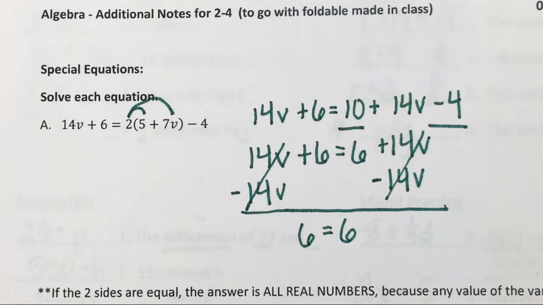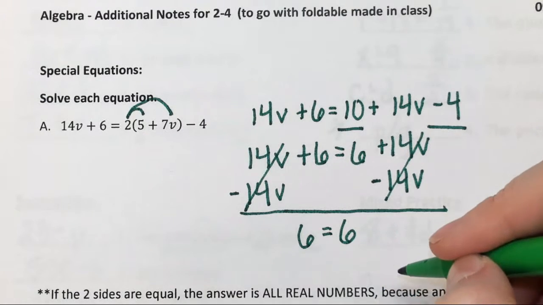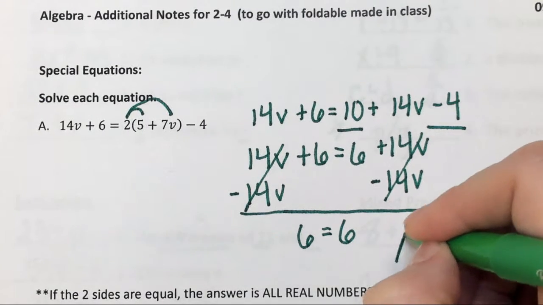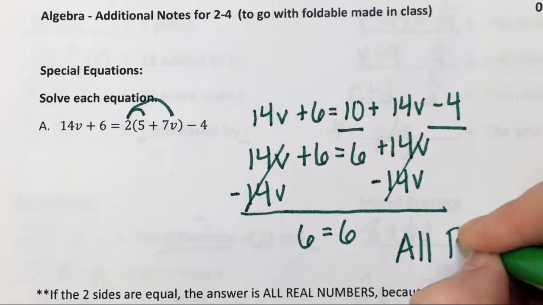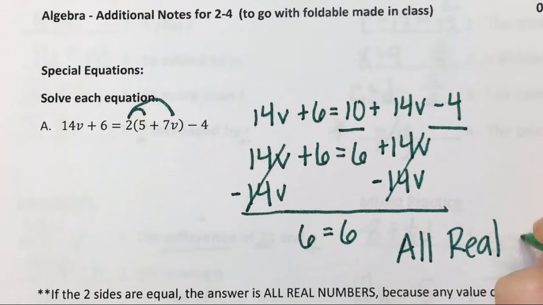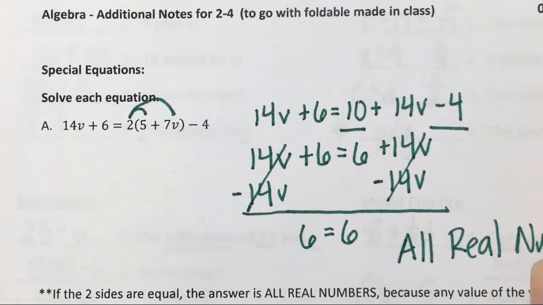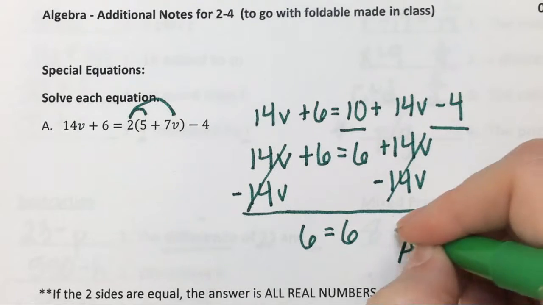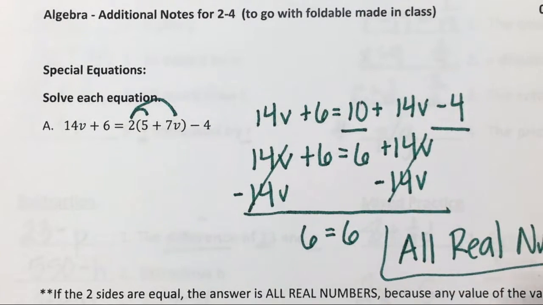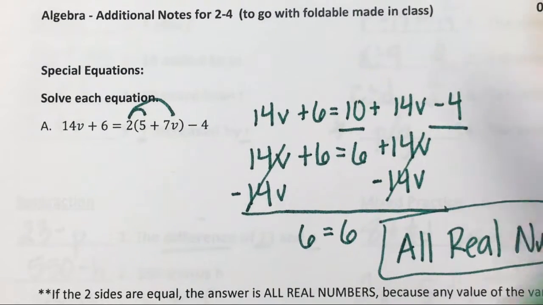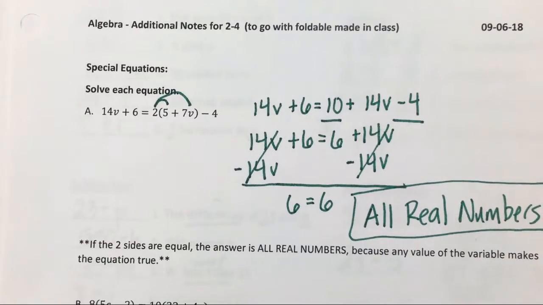So what this means, since both variables cancel out, it means that I can actually put any number in for the variable, and it will still be true. So the answer is going to be all real numbers. You cannot abbreviate this. I want you to write out the words. All real numbers.